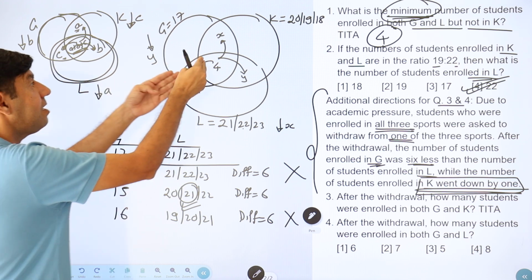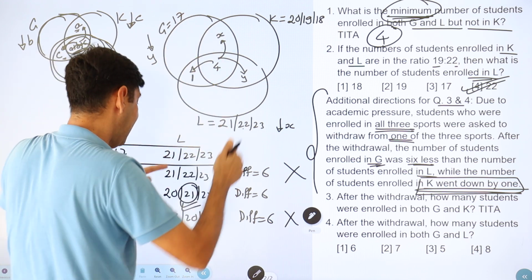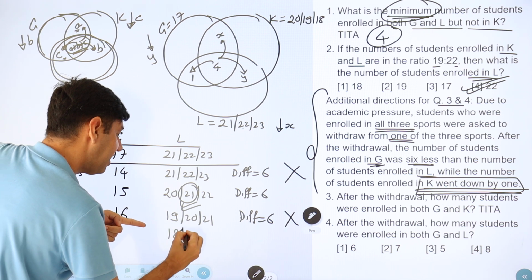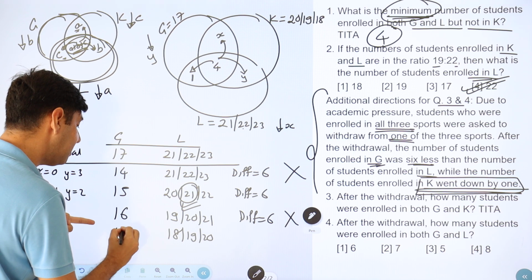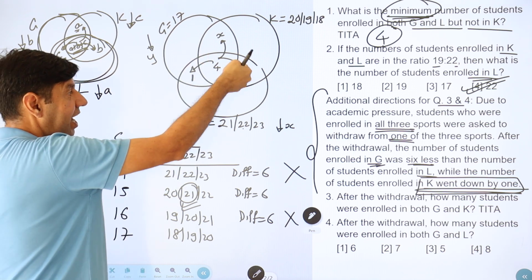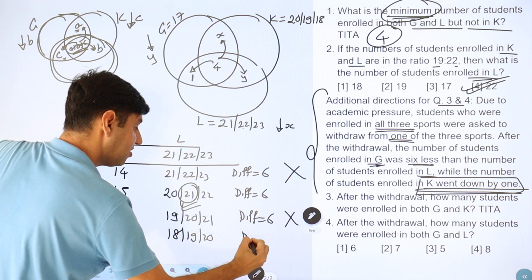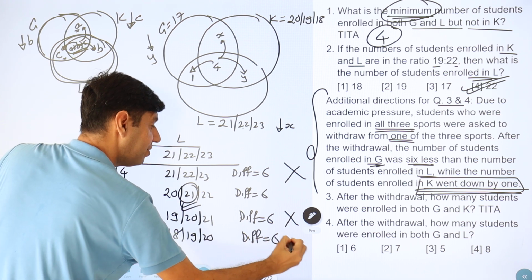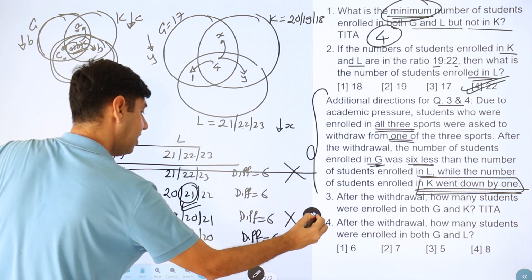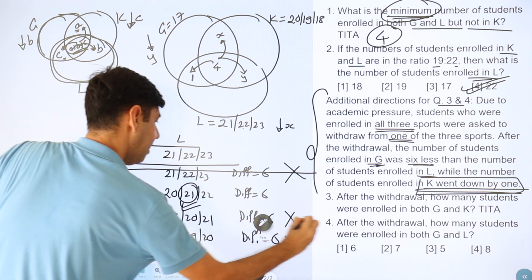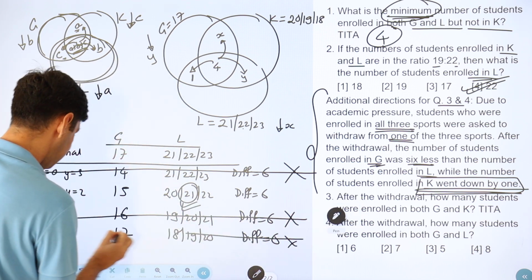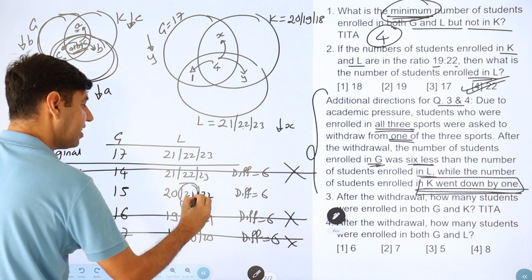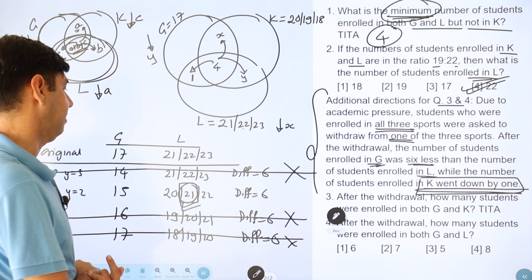And if all 3 people had left L, L would have been only 18, 19 or 20, whereas this would remain 17. No one has left G. So is a difference of 6 possible in these 2 numbers? No. So these 3 cases are not possible. This is the only case, and that too with 21 only.